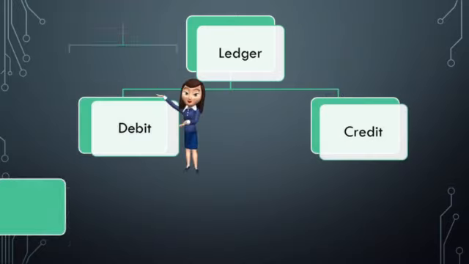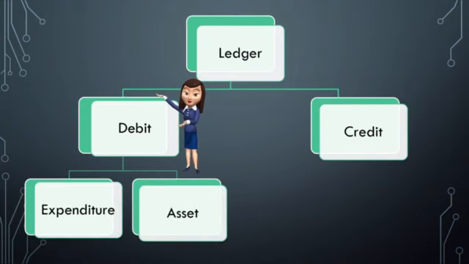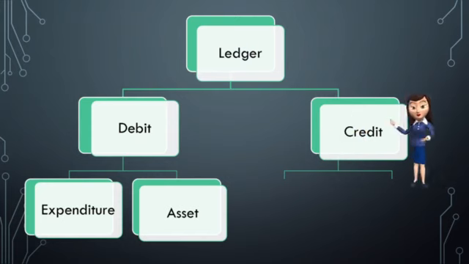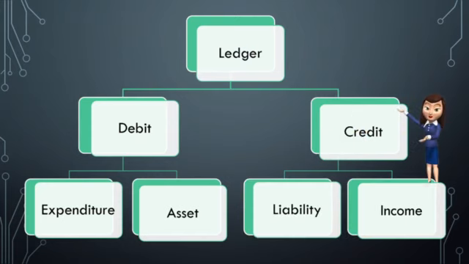Normally, assets and expenditures are debited and liabilities and income are credited. In simple language, in the double entry bookkeeping system, a transaction always affects at least two accounts, with at least one debit and one credit.